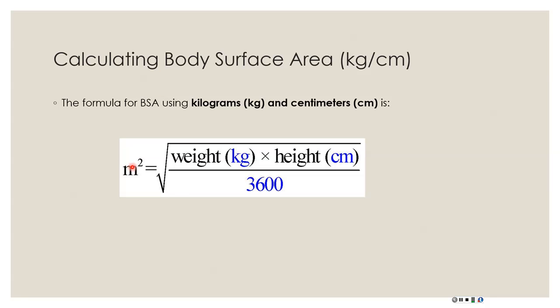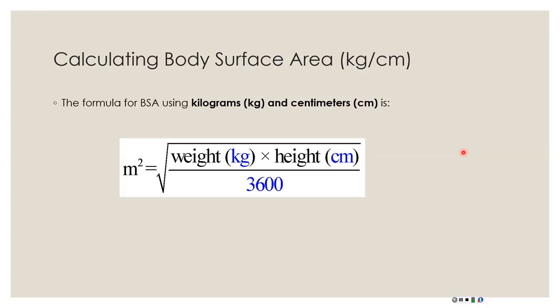And so when you look at the formula, the easiest way that I can remember this is I remember that 360 is like 360 degrees, a globe. And so I think of this globally, and that's how I remember this formula differentiated from the pounds and inches formula. So either way, we need to understand how to use the square root function of our calculator, and to solve for meters squared using kilograms and centimeters, you would take weight, which is represented by kilograms, times height. You would divide that by 3,600, and then you find the square root of that number.